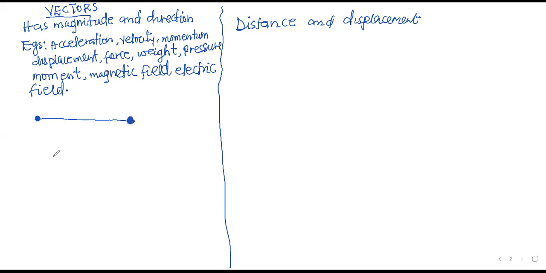Now, what is displacement? Displacement is a change in position from one place to another. You are not wrong, but you are lacking some details.